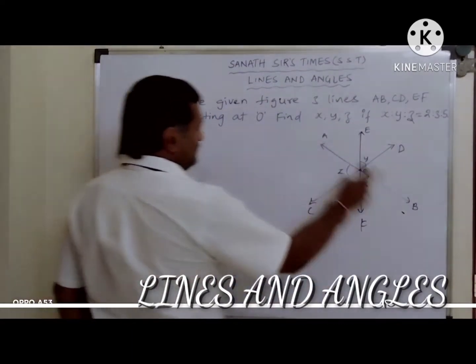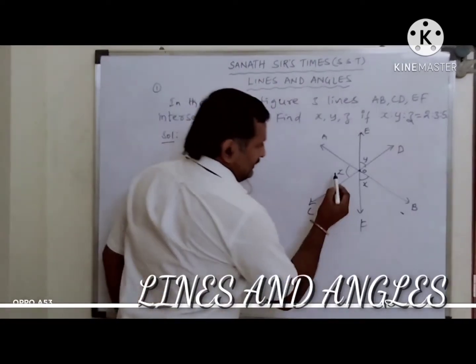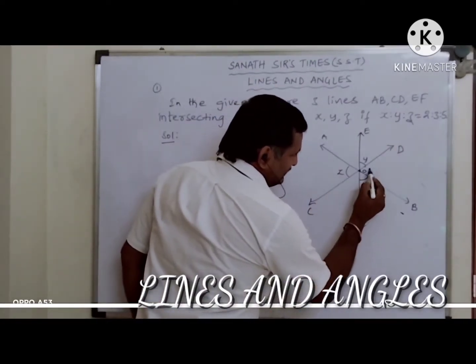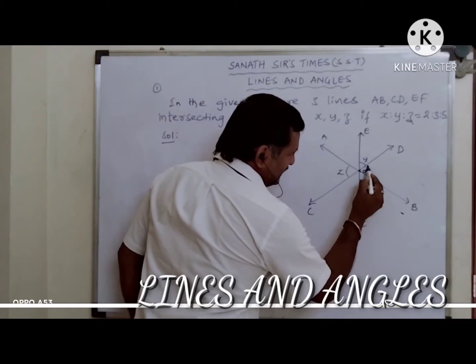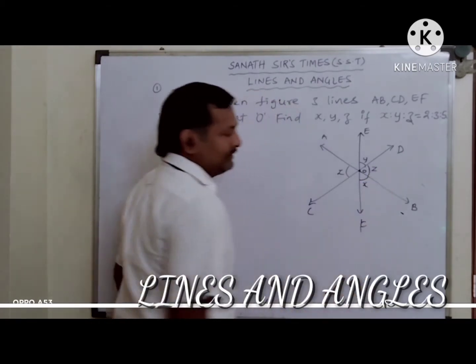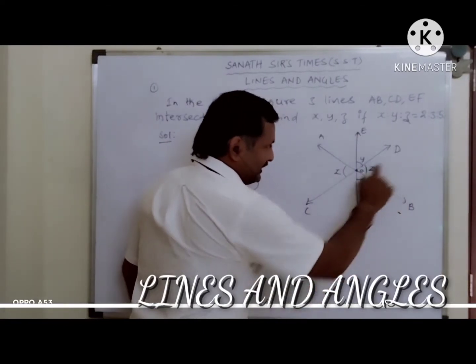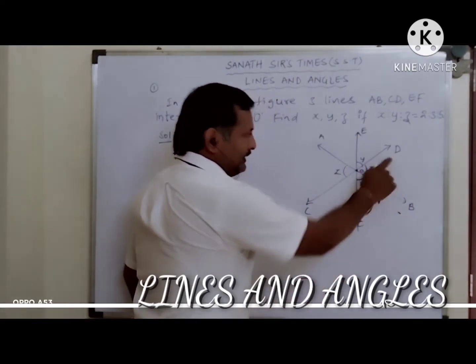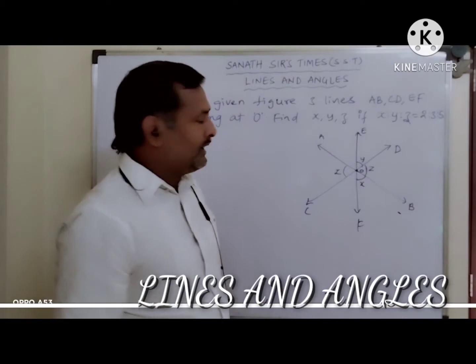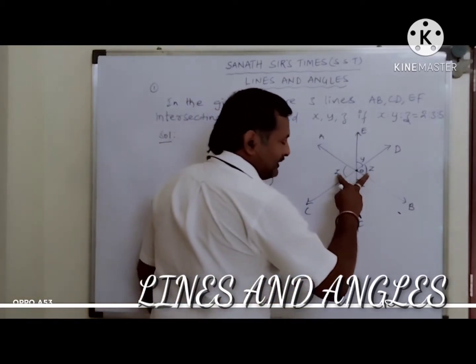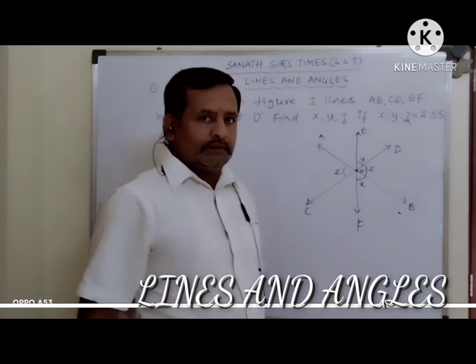the three lines. Z is opposite to this angle, so this is also called Z. This is equal to Z because when you consider AB and CD, both are intersecting lines. So vertically opposite angles must be equal.